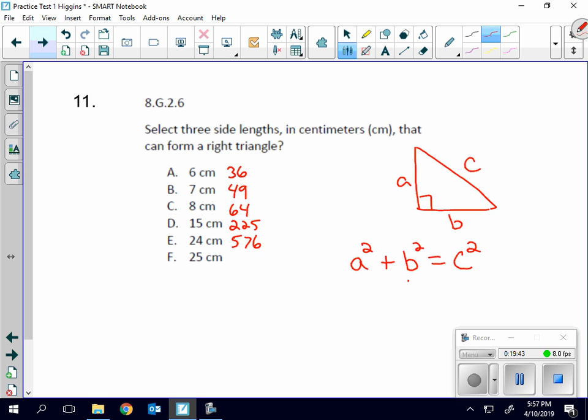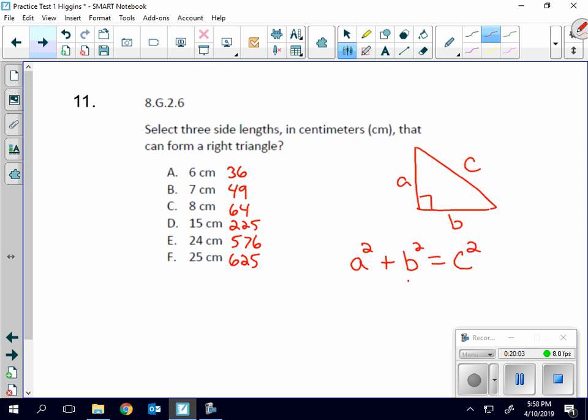And 25 squared is 625. So what 2 smaller numbers will add up to one of these bigger numbers? Just kind of figure it out. Guess and check. Find 2 smaller numbers. You can pause the video and try it on your own.